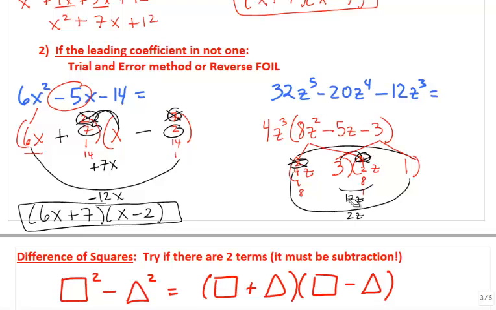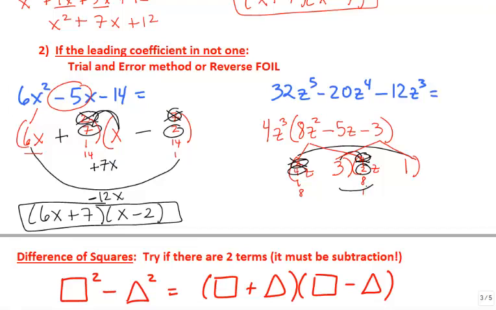So I move on to the next potential case. And I'm going to do 4 and 2. So inner times inner would be this 3 times this 2z. 3 times 2z would give me inner term of 6z. And 4z times 1 would give me a 4z. And 6 and 4 can't give me a 5 either. So that choice doesn't work.